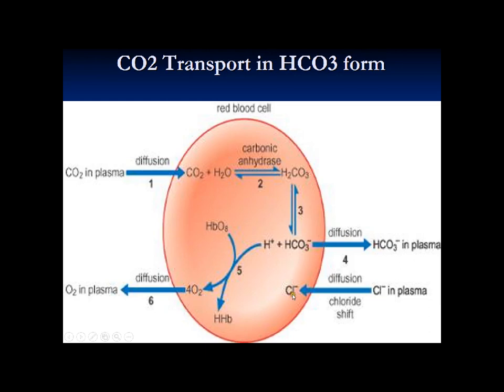So there will be a counter transport. In place of the bicarbonate, chloride will enter. This is called the chloride shift. So 70% of the carbon dioxide is transported as bicarbonate.